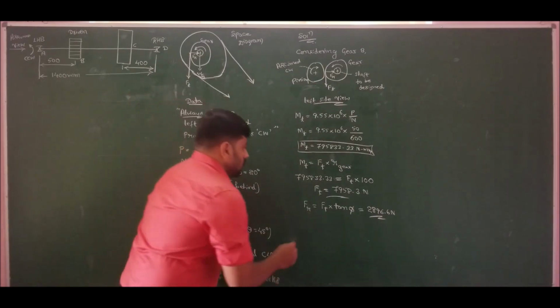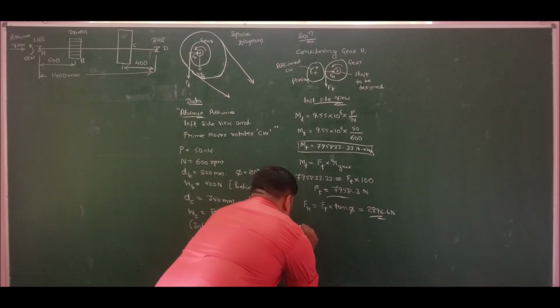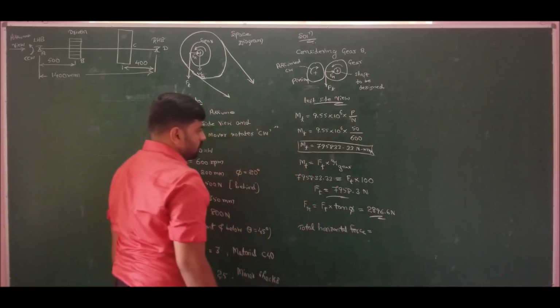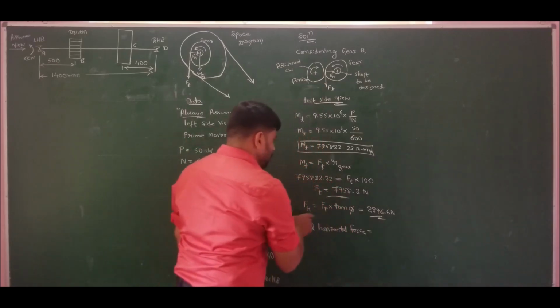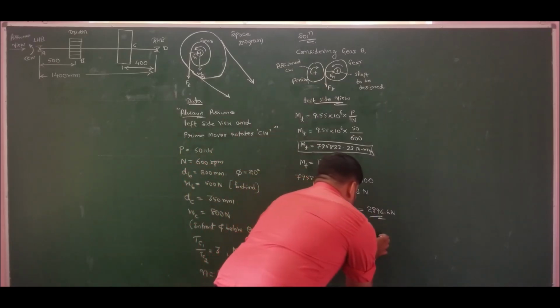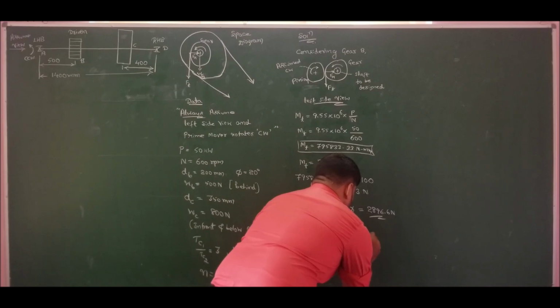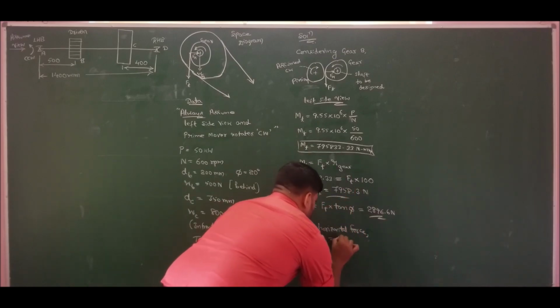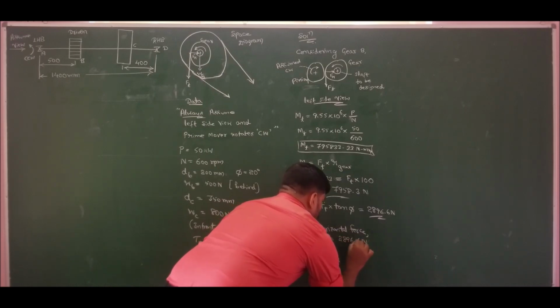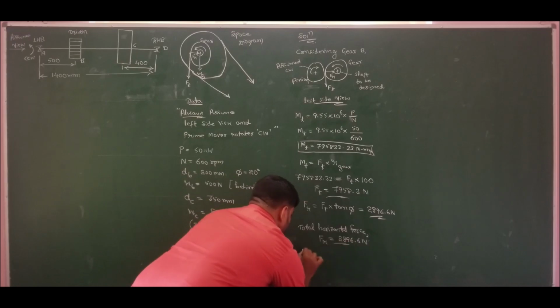Now the total horizontal force is only Fr, which is equal to 2896.6 newtons.